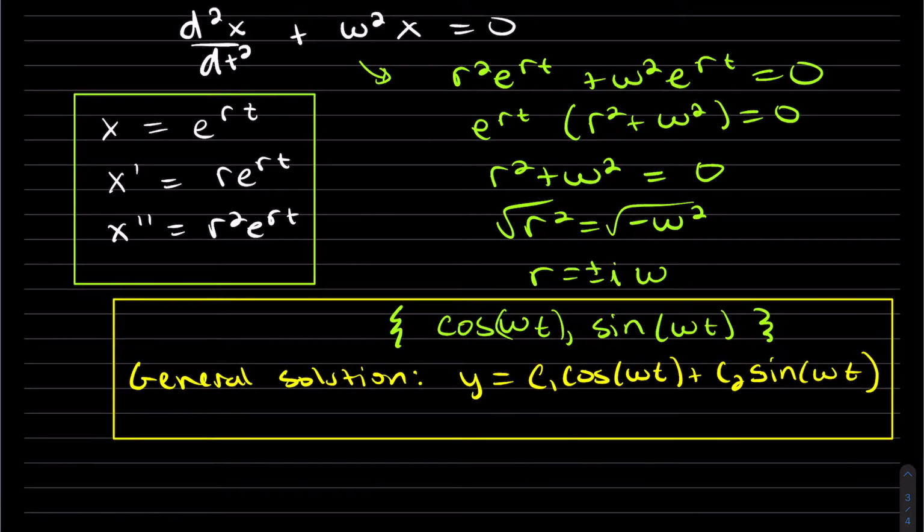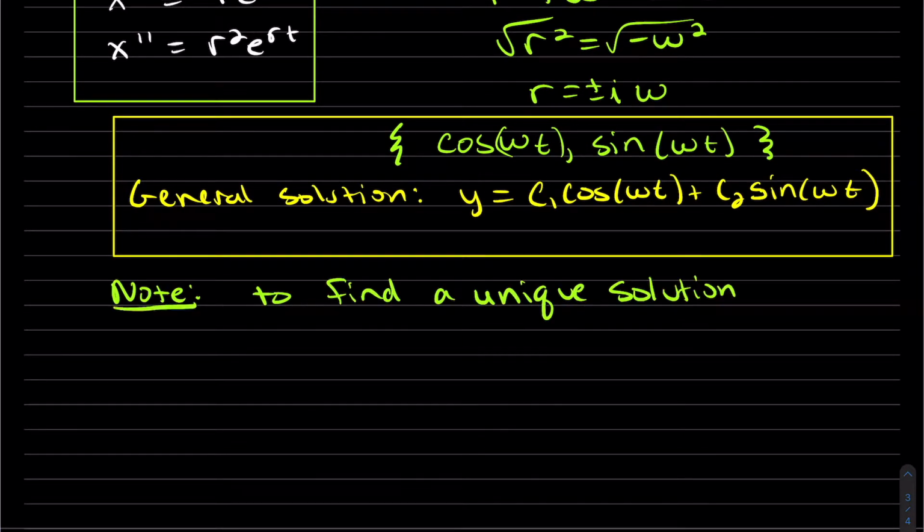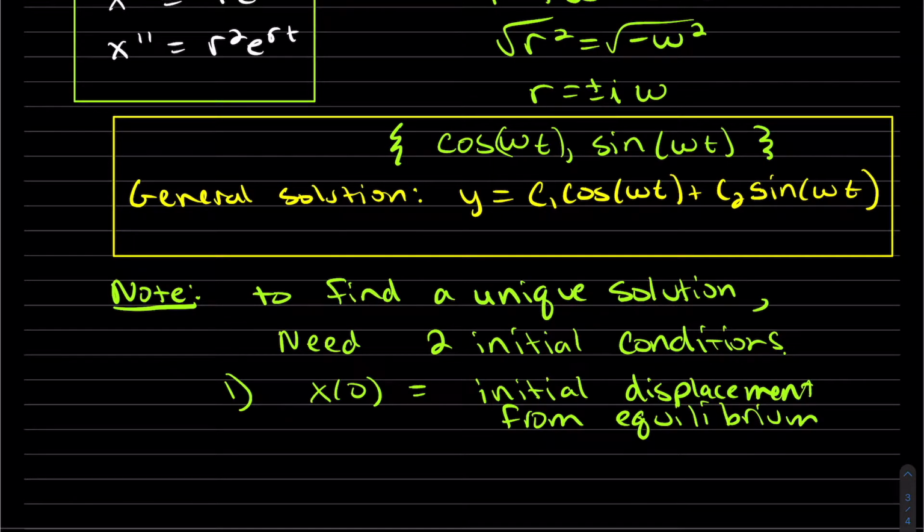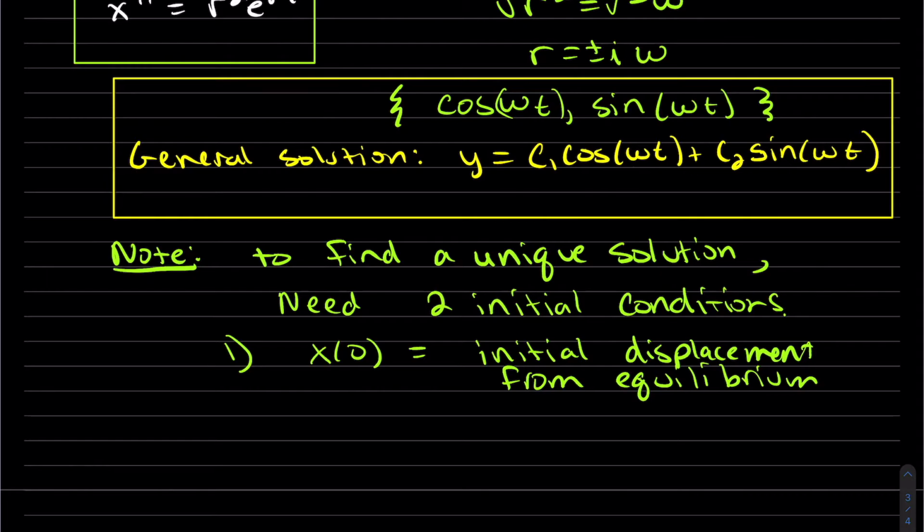So here's a note. In order to have a unique solution, we do need two initial conditions because it is a second order DE. And so our first one, x of 0, the initial condition at t equals 0, is our initial displacement from the equilibrium. So how far away is the distance from equilibrium?